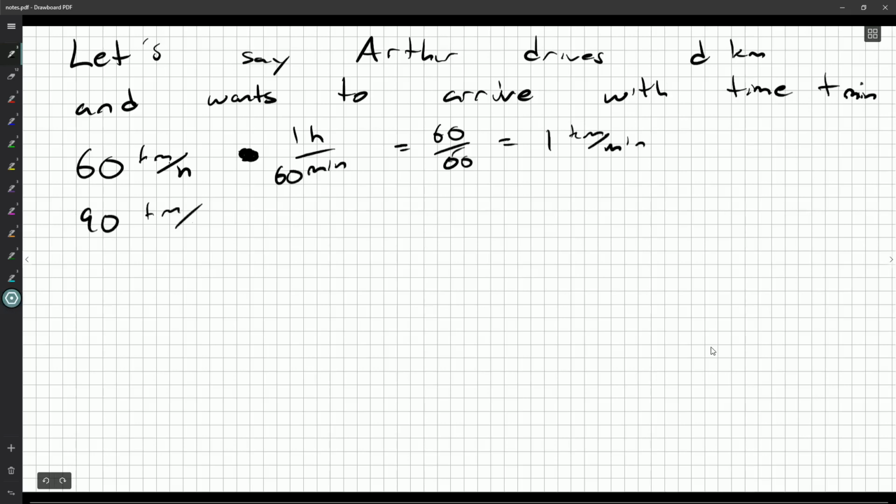Similarly, 90 kilometers per hour, you're going to multiply by 1 hour per 60 minutes, and you're going to get 90 over 60, or 3/2 of a kilometer per minute.